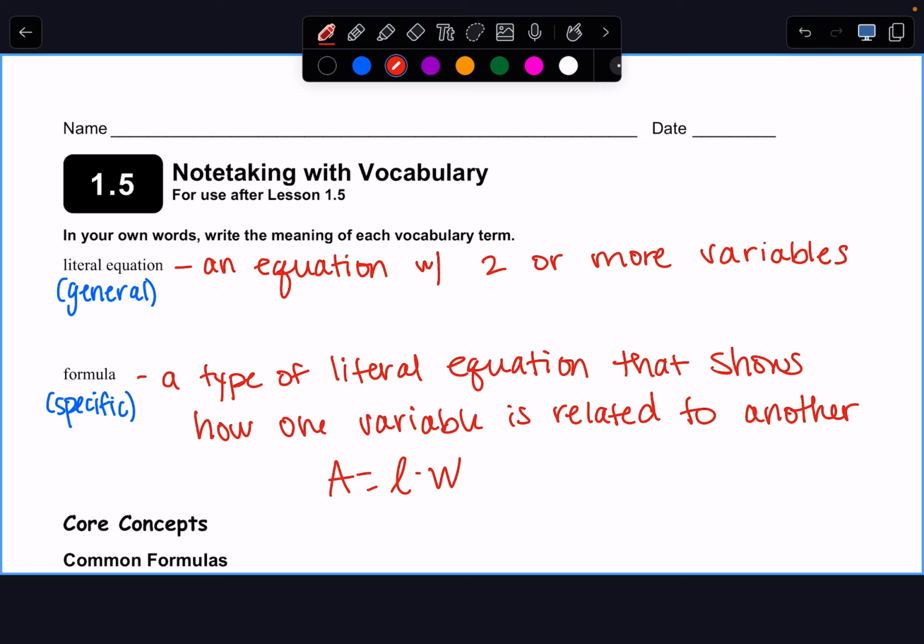Okay, so what we are going to do, and you're just going to have to be okay with it. Our job today is going to take a literal equation and solve for one of the variables. So I might say, hey, area equals length times width, solve for L. There's no numbers. Nope.